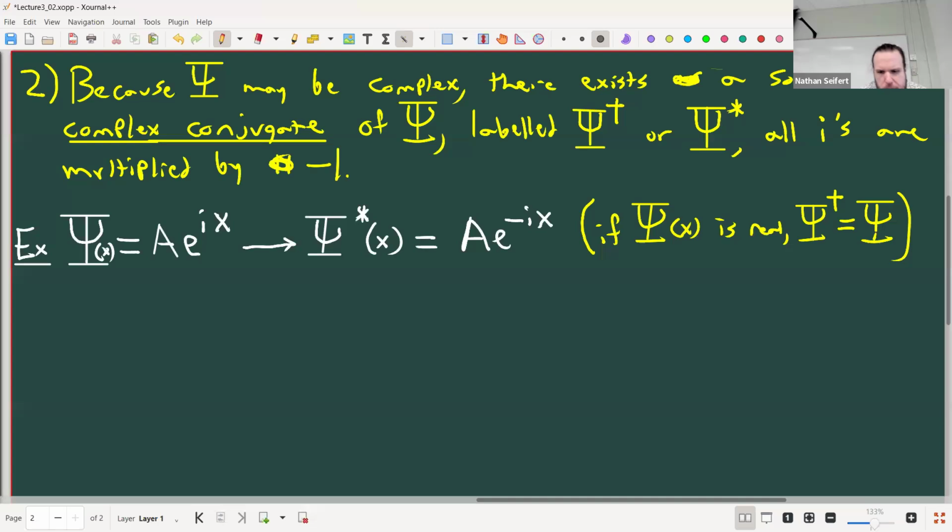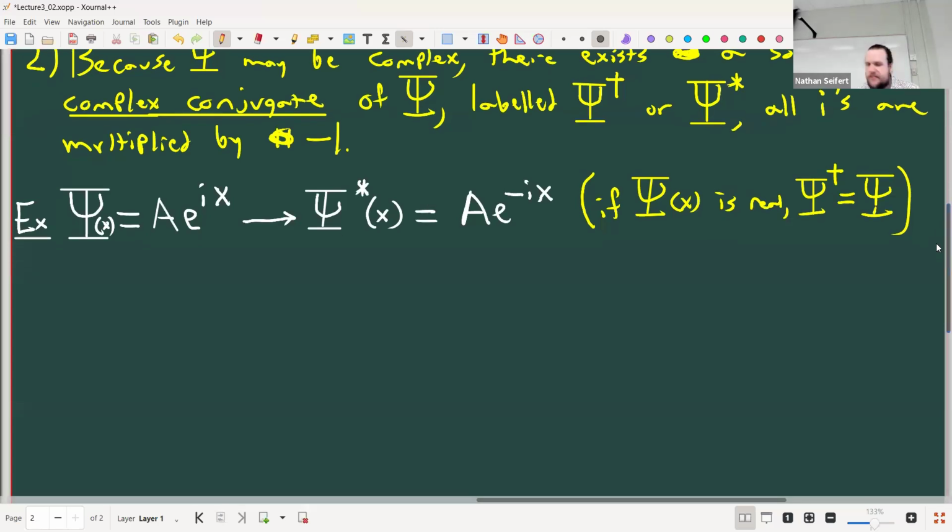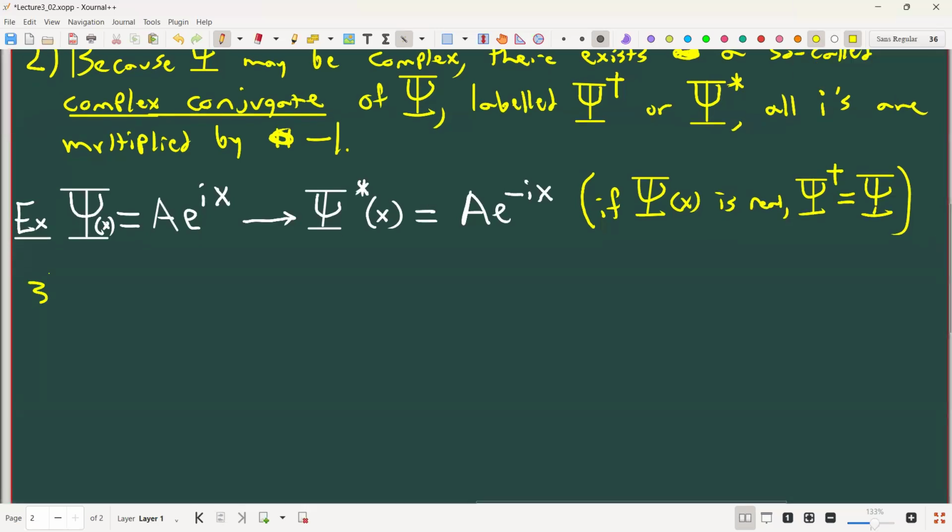The next property is where this complex conjugate comes into play.